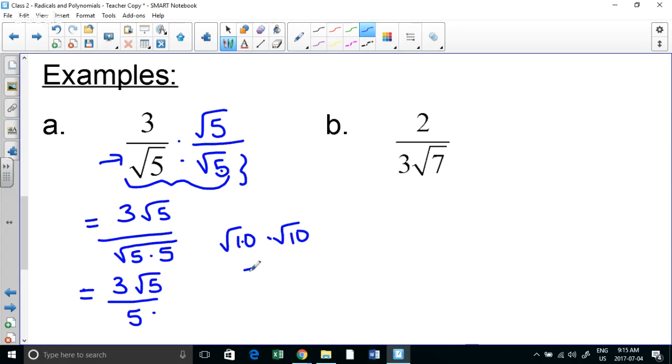Root of 10 times root of 10 gives you 10. You have the root of x times the root of x, that gives you x. Do you have to do this middle step every time? No, you don't. You can literally just go from here to here, but I wanted to show you why we can do this. So you have the root of something times the root of that same something.